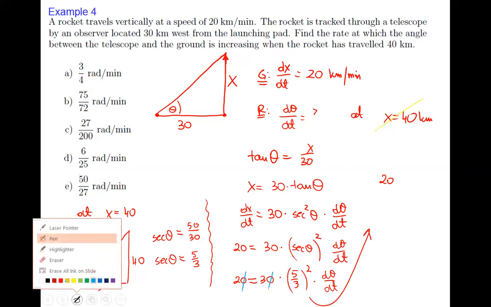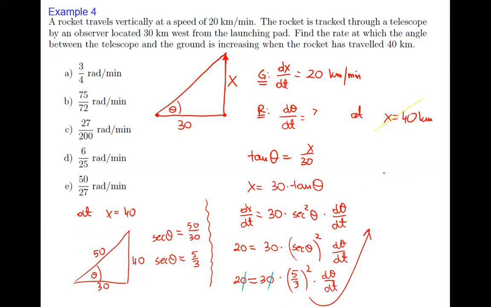I don't have to carry the zeros. 2 equals 3 times 5 squared, 25, 3 squared, 9, and d theta/dt. Let's simplify one more thing. 9 divided by 3 is 3. And now let's cross multiply. 3 times 2 is 6.